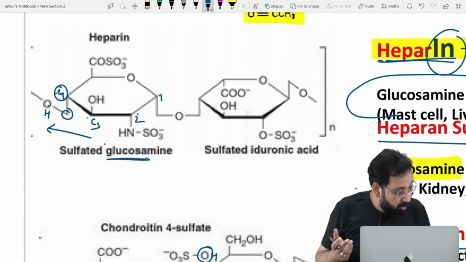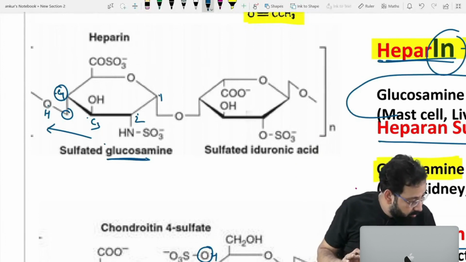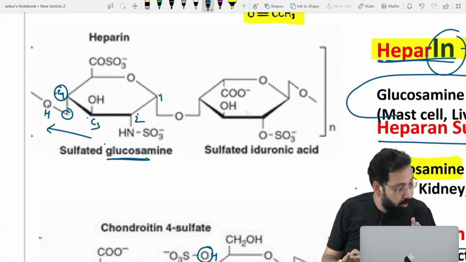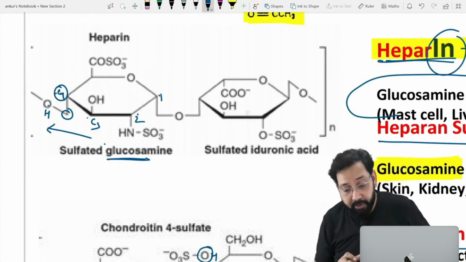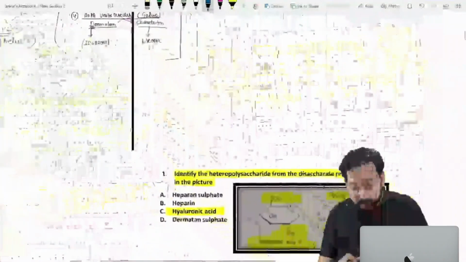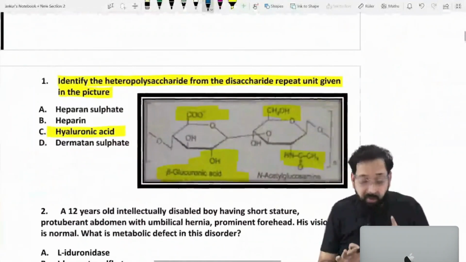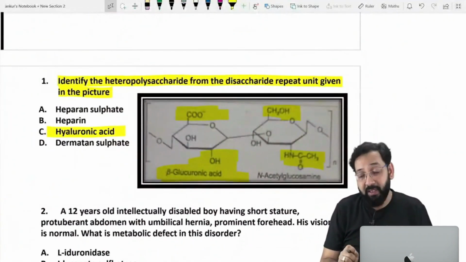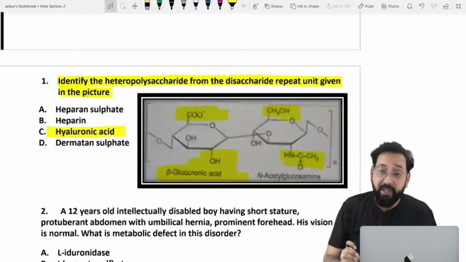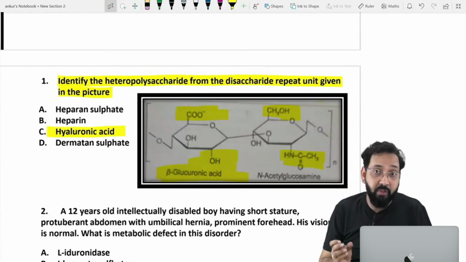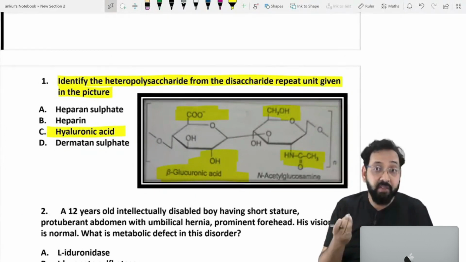Clear? Got the point? You can recognize by the structure also, but they should not give such a difficult question. When this question was asked, we considered it a different question, but trust me, they didn't want you to remember each and every structure. They wanted to see whether you can apply the previously asked question in figure form. Are you understanding, or just mugging up that hyaluronic acid does not have sulfate?